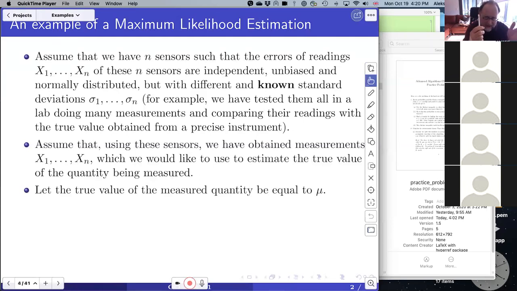If you are measuring voltage, then part of the noise comes from radiation from outer space, some of it comes from electromagnetic radiation of cars around you and all sorts of machines.